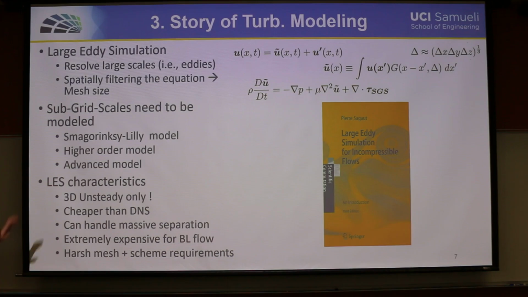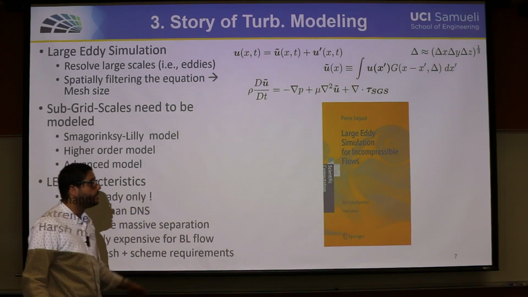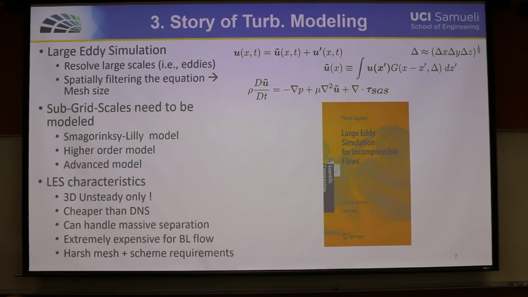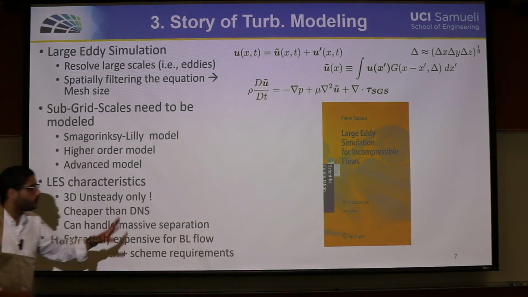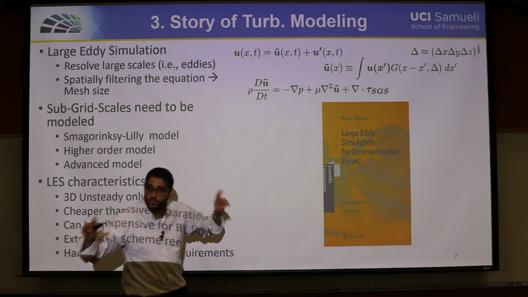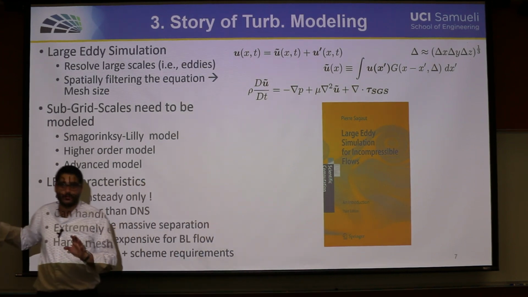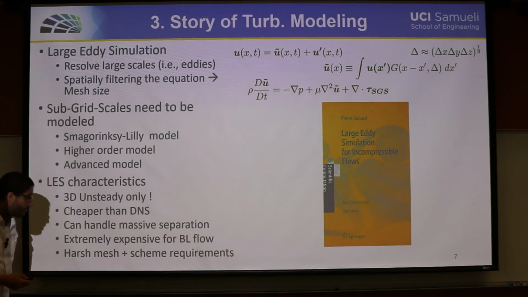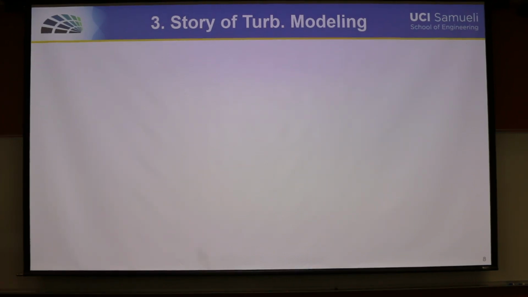And for reference, I totally encourage this book. It's a very good introduction to large eddy simulations by Sagaut, and it's a Springer book. It's not a yellow book of Springer. This could be a joke, someone could understand it. It's just an orange book. So do not confuse it with yellow Springer books, because yellow Springer books have their own place in academia.